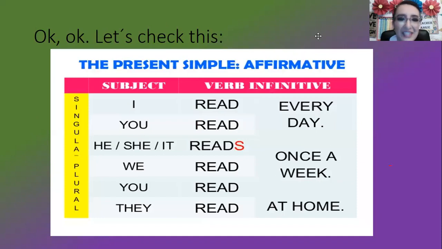Okay, let's check this. Remember that the simple present and each tense is going to be having affirmative, negative, and interrogative form. Well, we are going to be having singulars and plurals. First of all, it's super important that you know the subject pronouns, because we are going to be having different kinds of pronouns, but in this case, each pronoun is going to be having a specific name. In this case, I, you, he, she, it, we, they are going to be the subject pronouns.